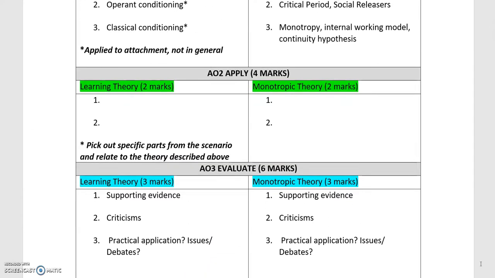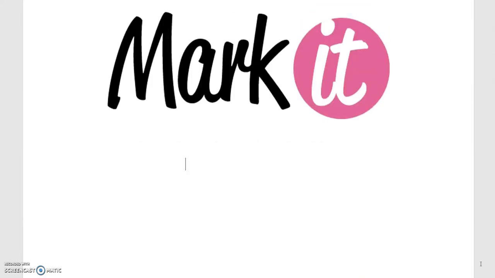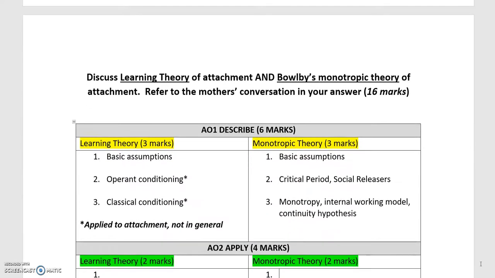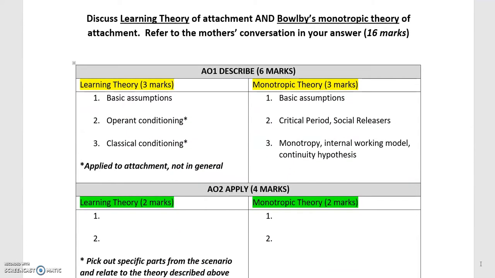So let's break down what we actually have to do. We have learning theory. The first thing you have to do is describe. You've got 6 marks for both theories, which means 3 marks each. So for learning theory, to get your 3 points, you need to give an overview of the basic assumption about learning theory. This is where you talk about it being a blank slate or that everything is learned.